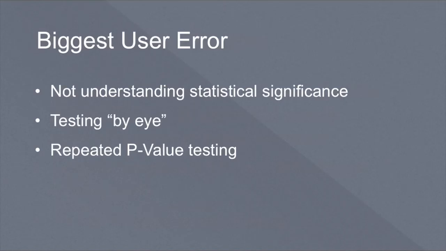The problem is that most people will use one of those tools and they will use it repeatedly. What that means is that your chances of being wrong increase substantially. If you do it once a week over a month, you've got over a 20% chance of getting it wrong. If you do it daily over the course of a month, you've got an 80% chance approximately of getting an error. So even those people who think they're getting it right quite often are getting it wrong.